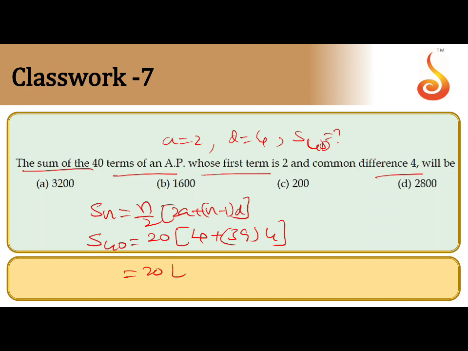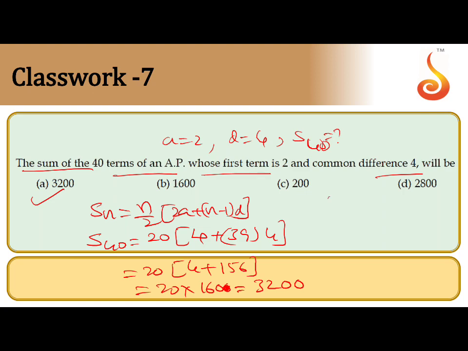Now 20 into 4 plus 39 into 4 is 156. You multiply here. So 20 into 160 is 3200. So which option is matching? That one. The direct question.